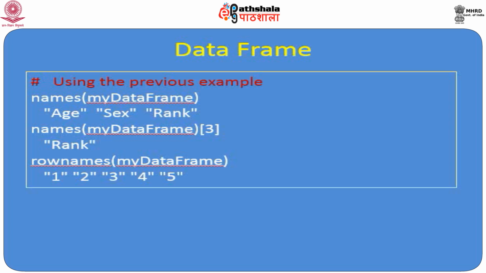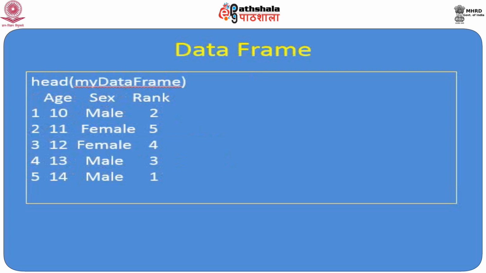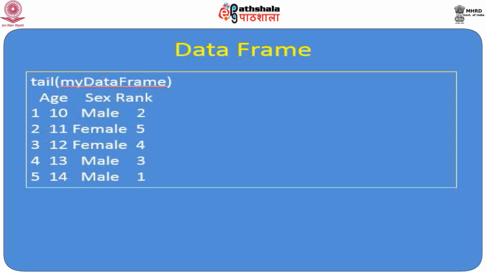The rownames function will give you the names corresponding to each of the rows. The head and tail functions will give you the first and last part of it. The examples are given in these two slides.